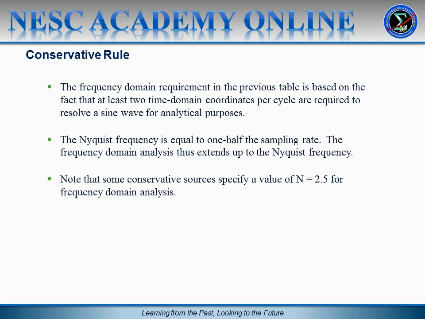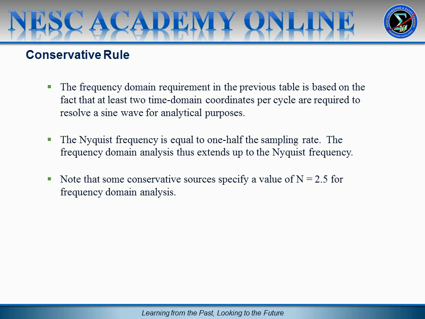The frequency domain analysis thus extends up to the Nyquist frequency. So for example, if we need our power spectral density to extend up to 2000 Hertz, then we should sample the data at a rate of at least 4,000 samples per second. Then we would represent the power spectral density up to 1/2 the sample rate, which is the Nyquist frequency, which is 2,000 Hertz.